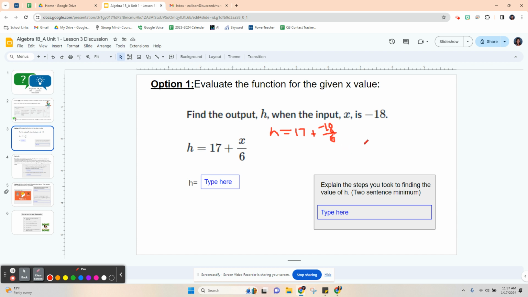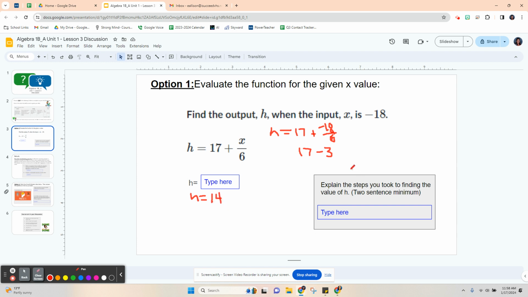Okay, and now to simplify a little bit further, we have negative 18 divided by 6, which is going to give us negative 3. So I have 17 plus negative 3, or just minus 3, however you want to think about it. And 17 minus 3 is 14. So over here in the h equals, we would say h equals 14.